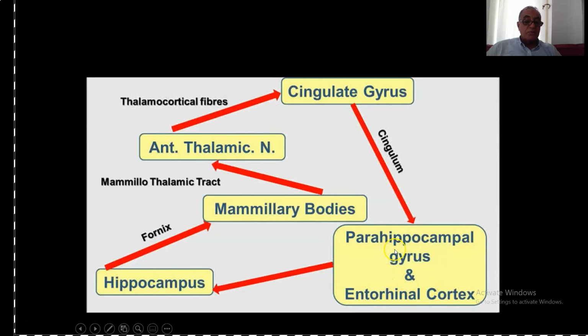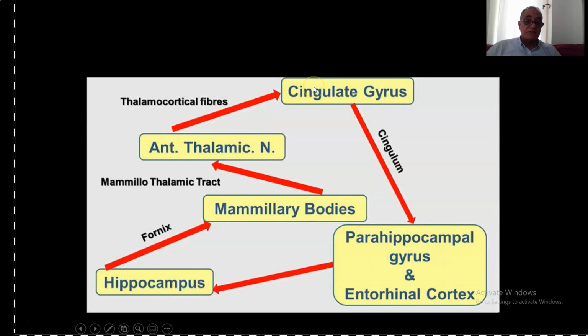And then from the parahippocampal gyrus, it goes to the hippocampus, and you all know that the hippocampus sends the fimbria of the fornix, and the fornix is a structure on the roof of the thalamus reaching the mammillary bodies, and through the mammillothalamic tract it reaches the anterior nucleus of the thalamus, and through the thalamocortical fibers it reaches the cingulate gyrus again.